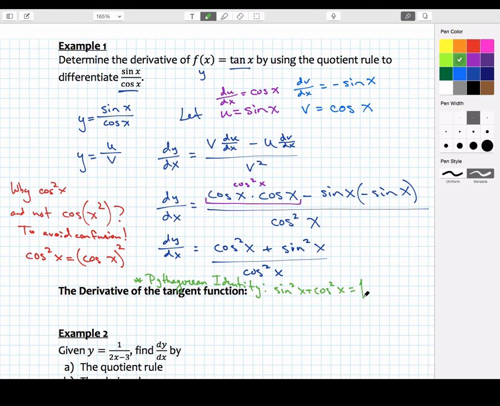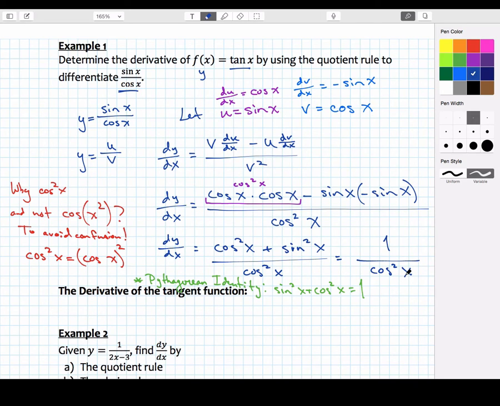Those are the two legs of a right triangle, and a squared plus b squared equals c squared; on the unit circle, the hypotenuse squared is 1. So we can make this Pythagorean identity replacement: cosine squared plus sine squared equals 1, so 1 over cosine squared of x.